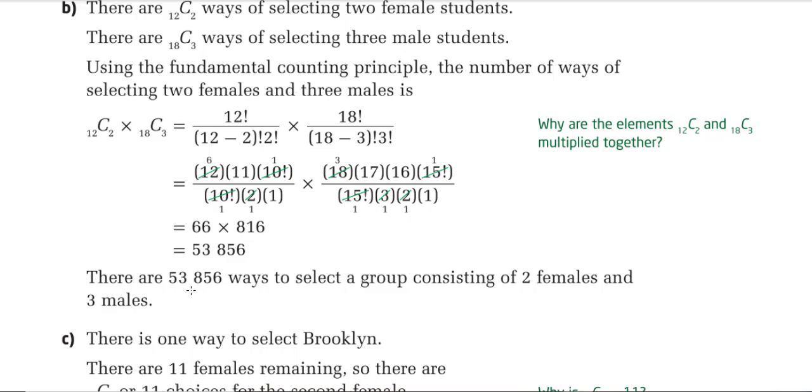So this is 53,856 ways to select a group consisting of 2 females and 3 males. So it's a very huge number, yeah. From 30 students it's also.